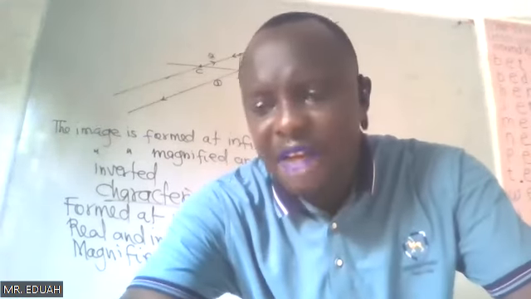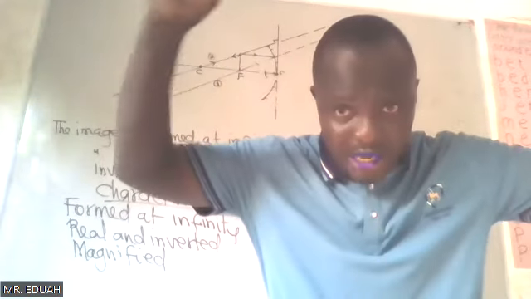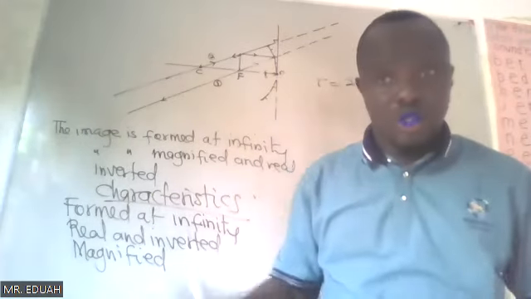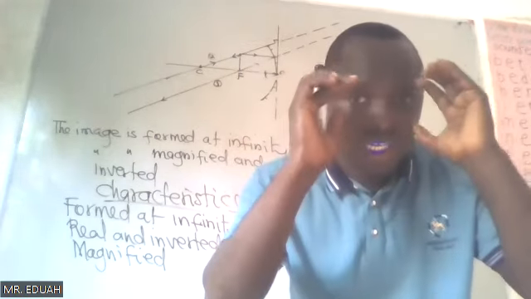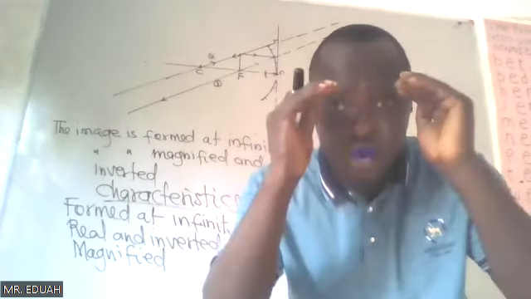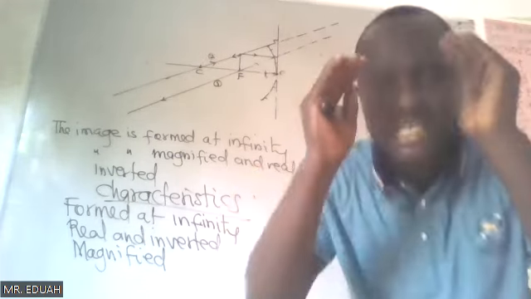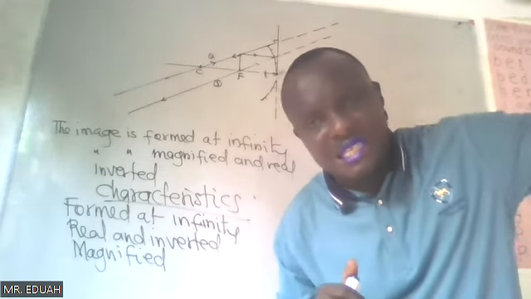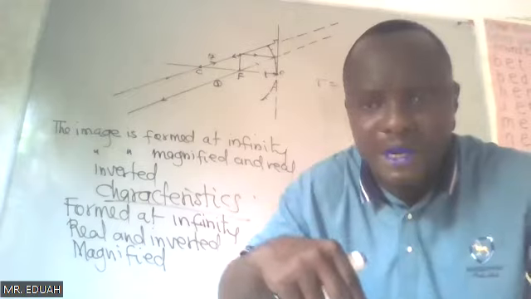Objects viewed using a telescope are at far distances, like space: the moon, the stars, and the other heavenly bodies. Whenever scientists use this instrument to view the heavenly bodies at far distance, the image is always formed at F.